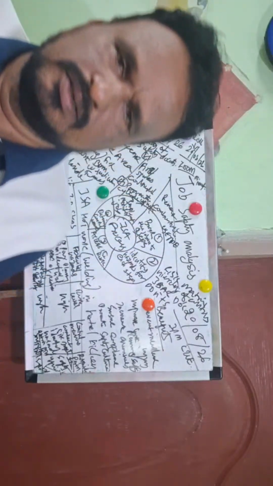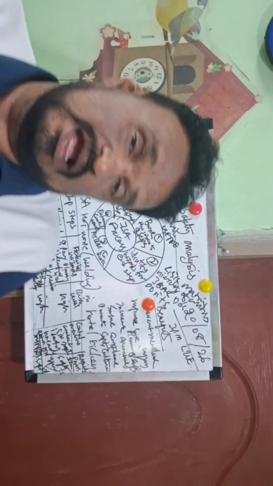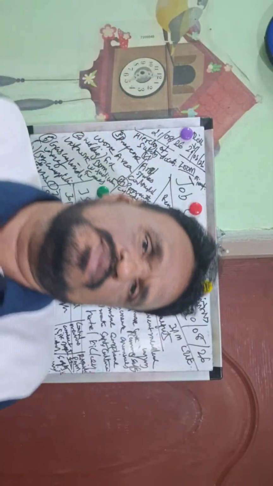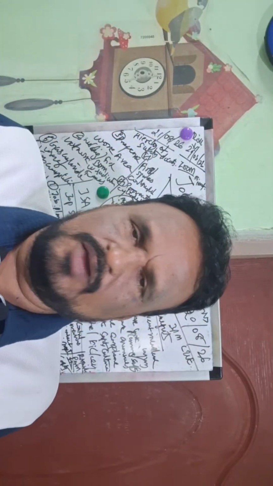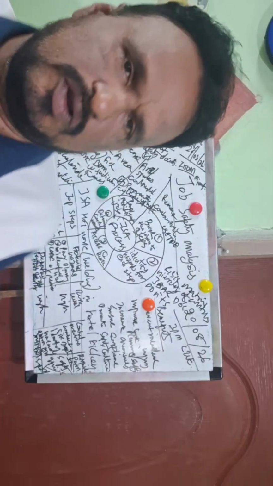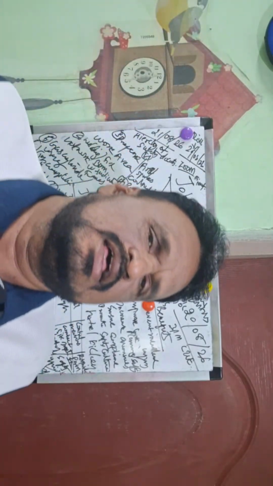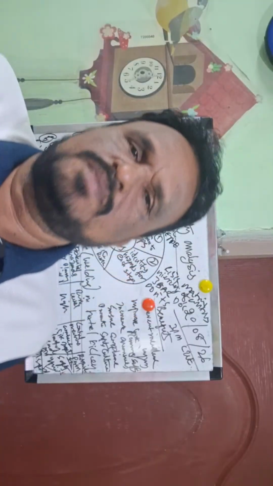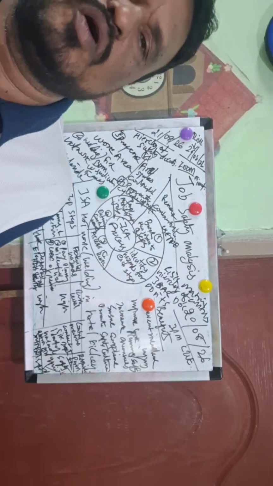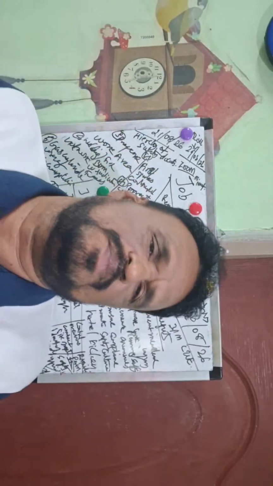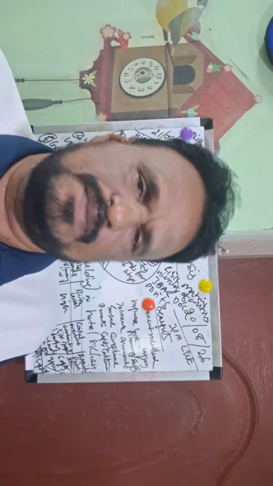Today's topic at the HSE Mindset MM channel's live program: we are going to see the job safety analysis. The job safety analysis is one of the major steps in occupational health and safety.